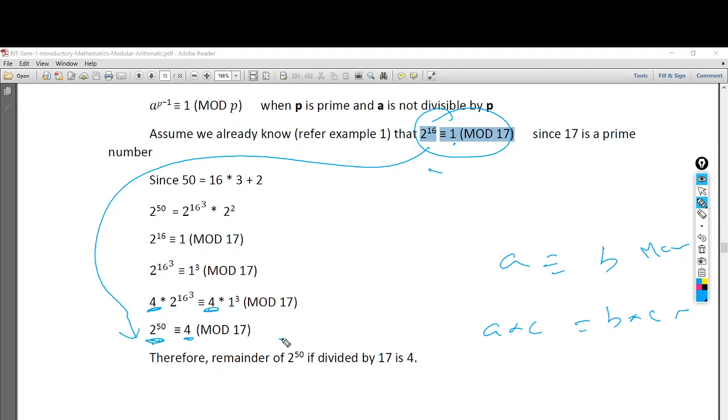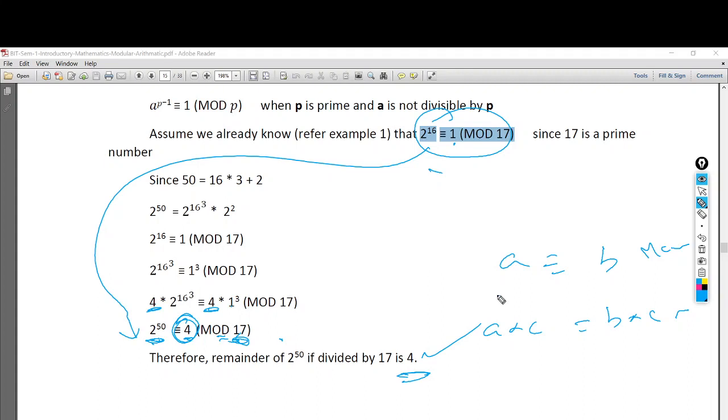So that means when you divide 2 to the power 50 by 17, the remainder is 4, right? So now we found it. That is our original question: what is the remainder when you divide 2 to the power 50 by 17? So the answer is 2 to the power 50 is congruent to 4 mod 17, and that is how you get it.